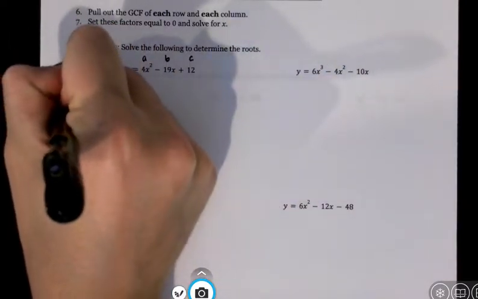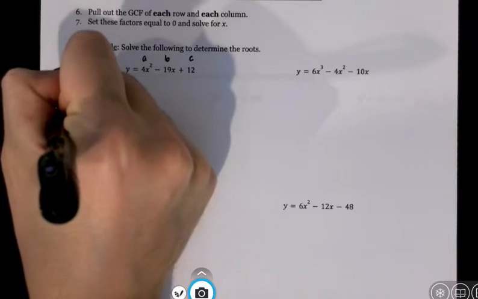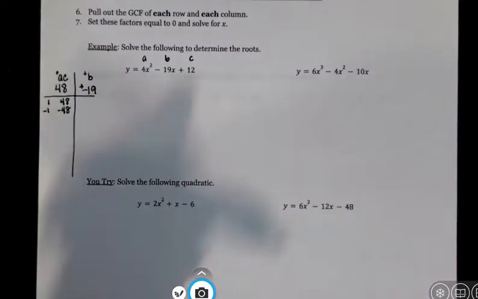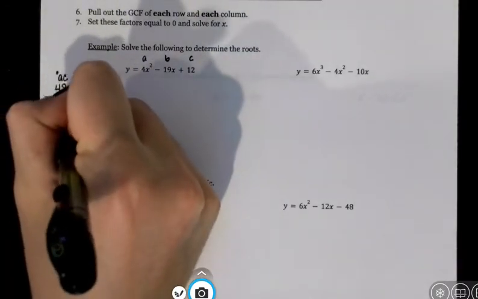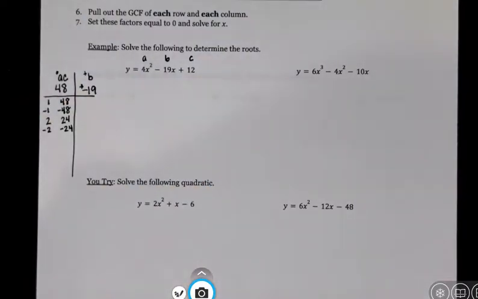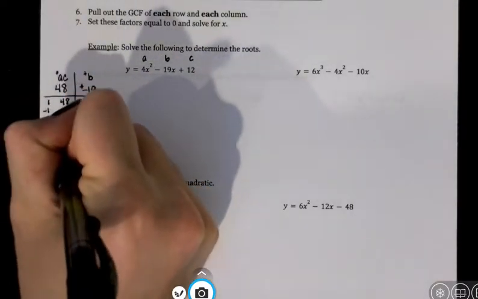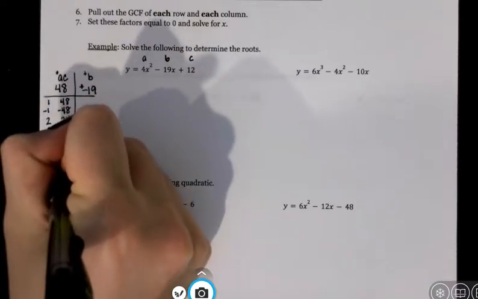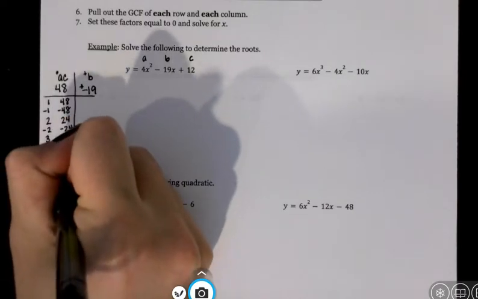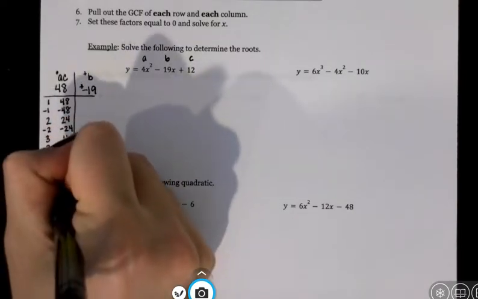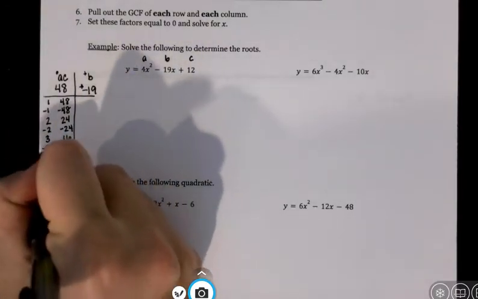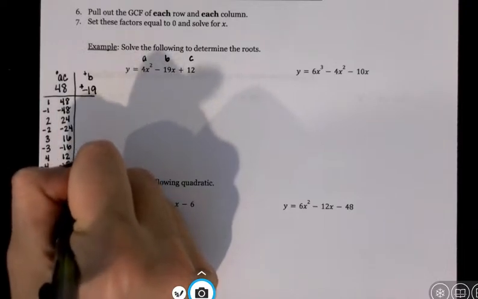So I can have 1 and 48, negative 1 and negative 48. I can have 2 and 24, negative 2, negative 24. 3 and 16, negative 3, negative 16. 4 and 12, negative 4 and negative 12. 6 and 8, negative 6, negative 8.